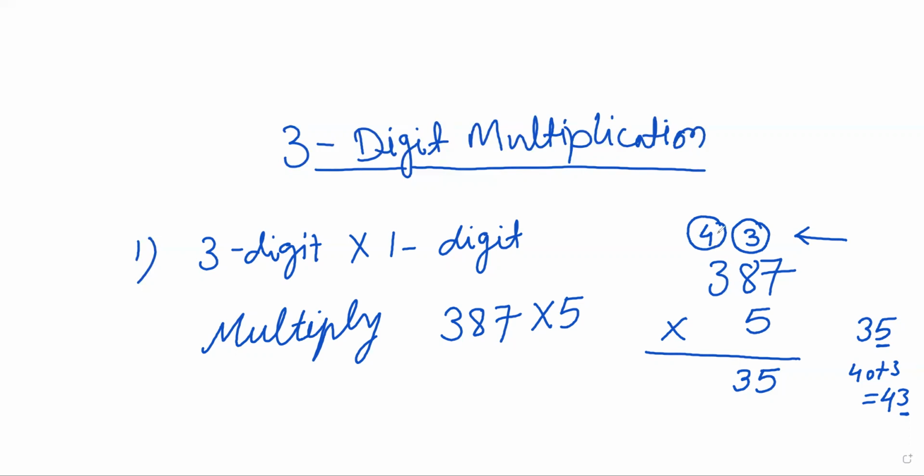Now add this 4 to the multiplication of 3 and 5. 15 plus 4 is 19. So when we multiply 387 by 5, what will we get? 1935.